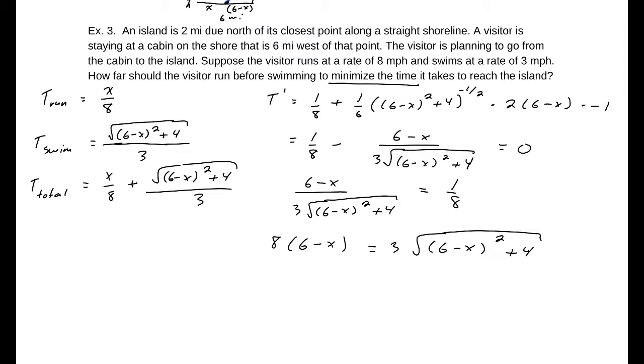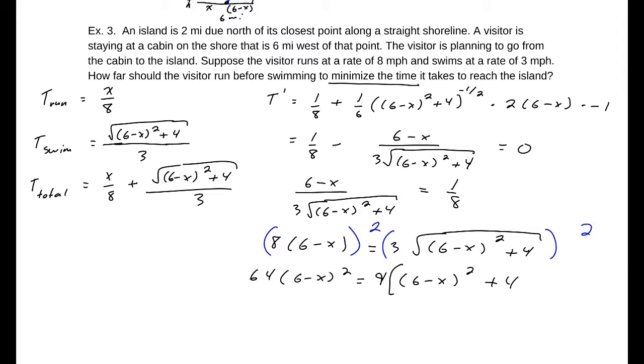All right, so if I go ahead and square both sides, we get 64 (6 minus x) squared equals 9 times ((6 minus x) squared plus 4). And if I go ahead and distribute that 9, I've really got 9 (6 minus x) squared plus 36 equals 64 (6 minus x) squared.